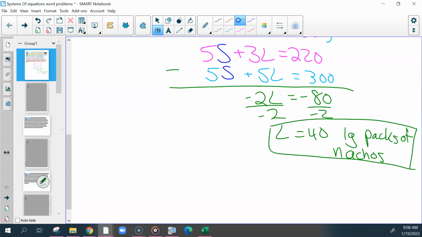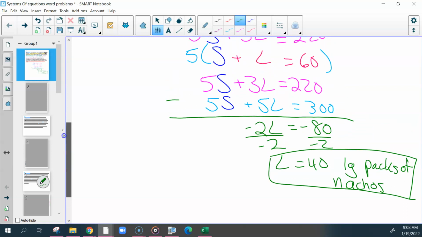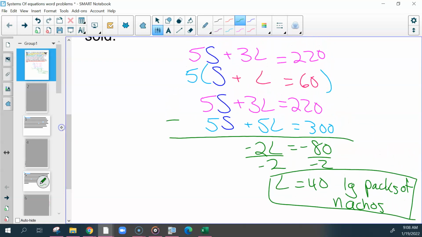Sometimes with these word problems, you'll only be asked to find one thing, sometimes you'll be asked to find two things. In our case, we have to find the other one. What's nice is because we had this equation that was S plus L equals 60, we could put that back in and figure out what S is.